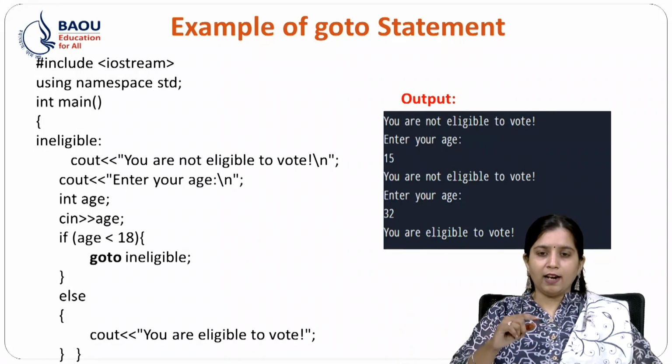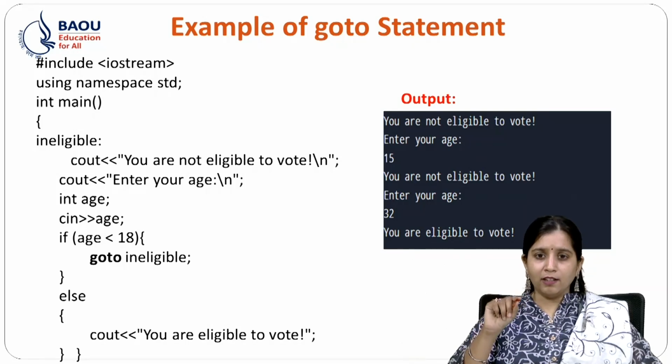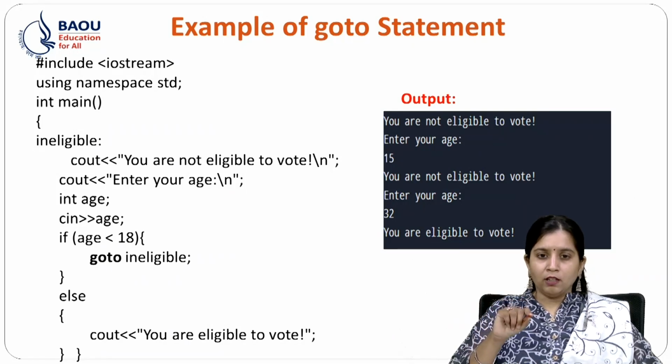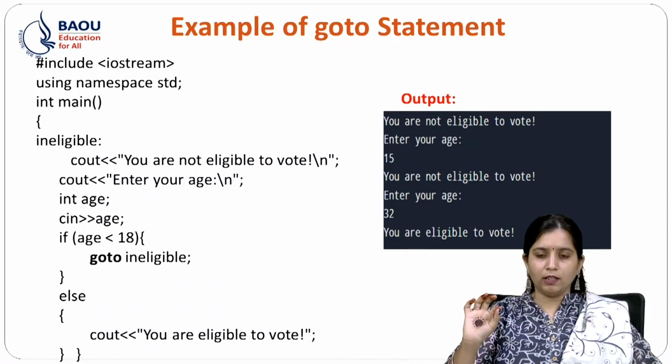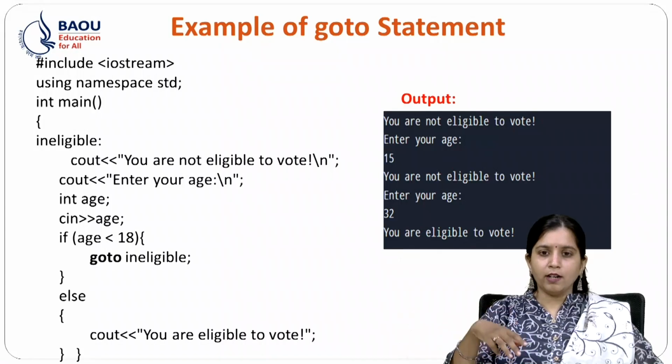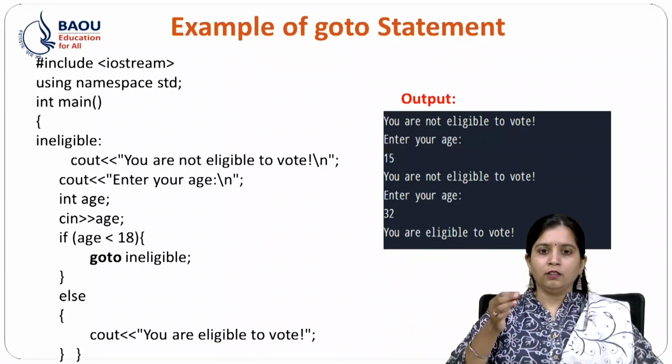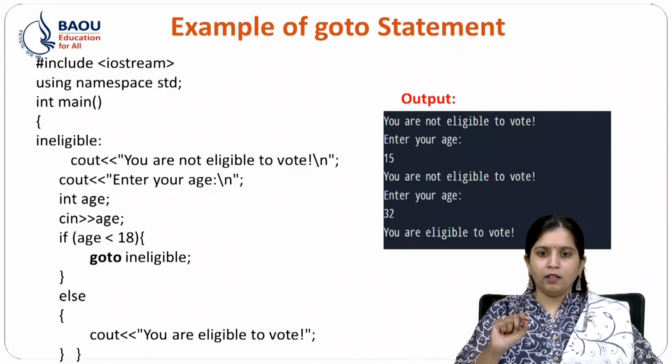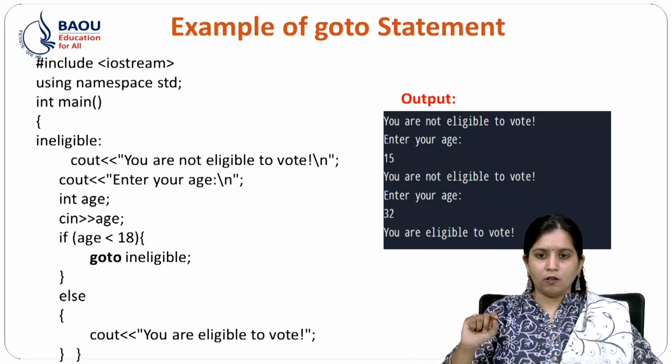After that, the user enters their age, 15, so the ineligible goto statement has been executed, that is, you are not eligible to vote. If the user has entered 32, then you are eligible to vote will be printed.